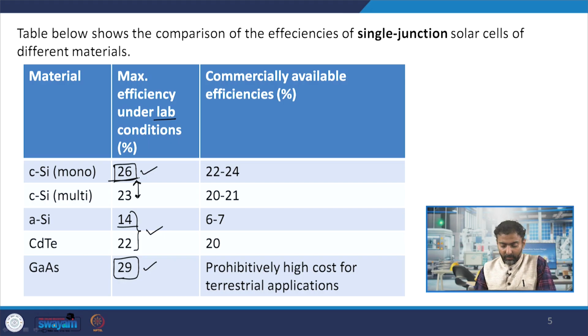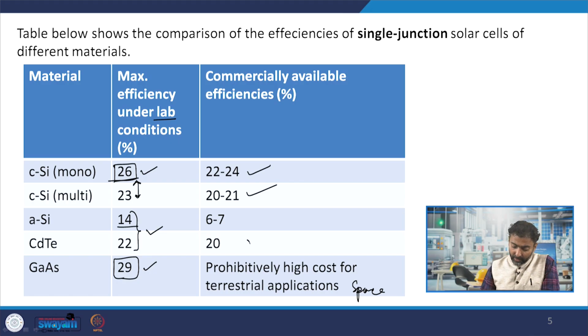And then in the last column we have the commercially available efficiencies for these different types of panels. Gallium arsenide has a prohibitively high cost, so it is not used for terrestrial applications, only for space applications. Out of the others, crystalline silicon, both mono and multi, is widely used for terrestrial applications.